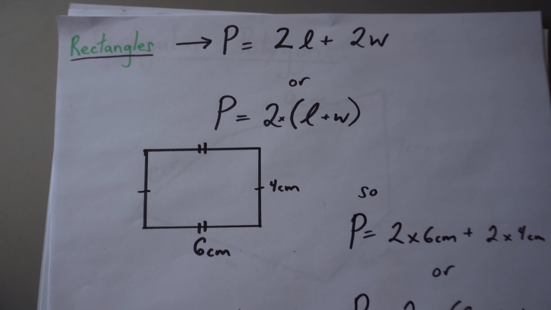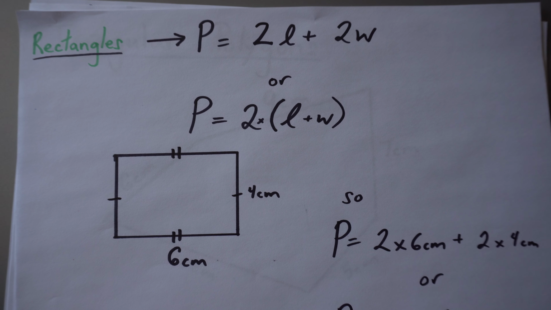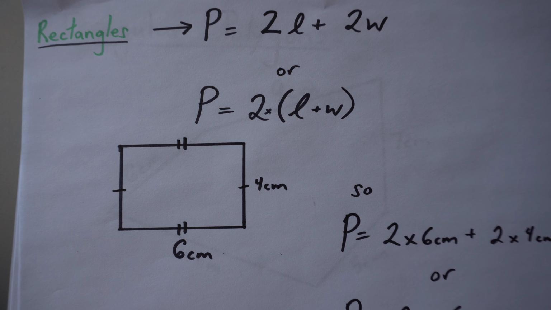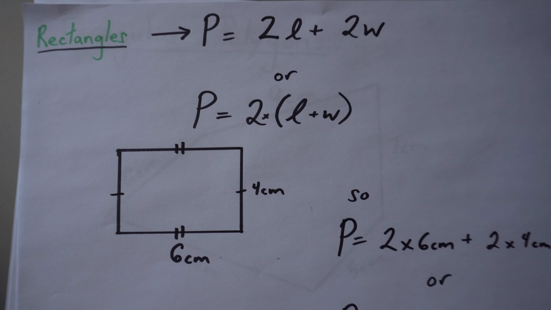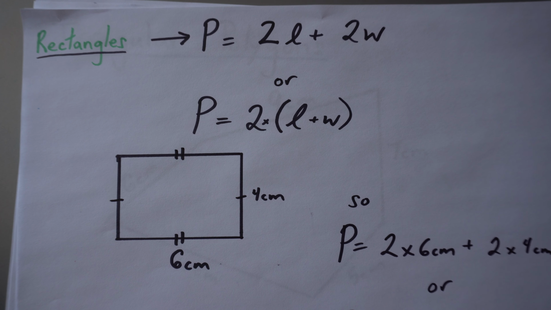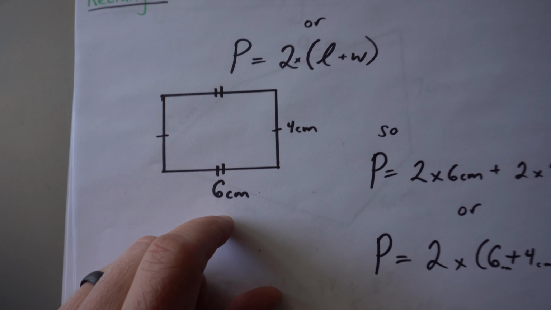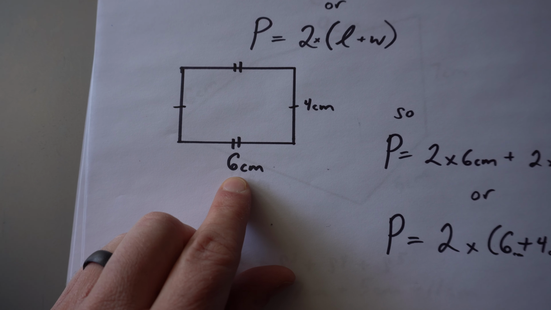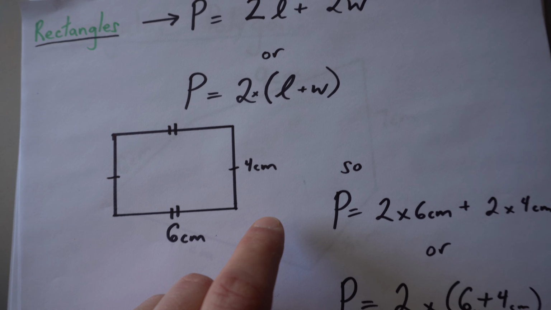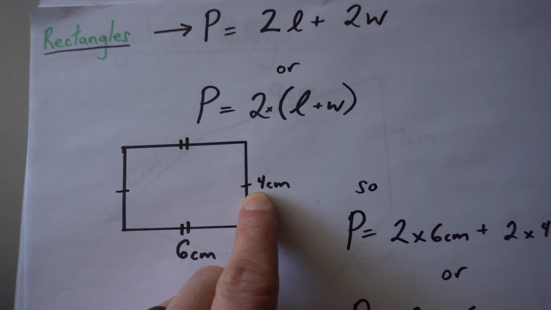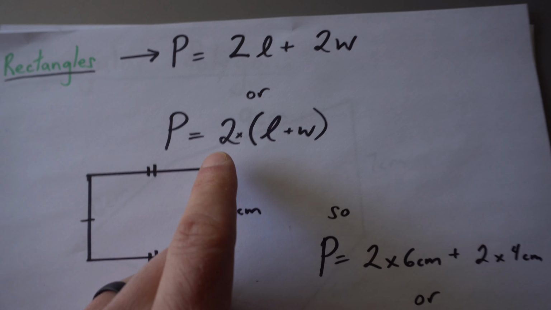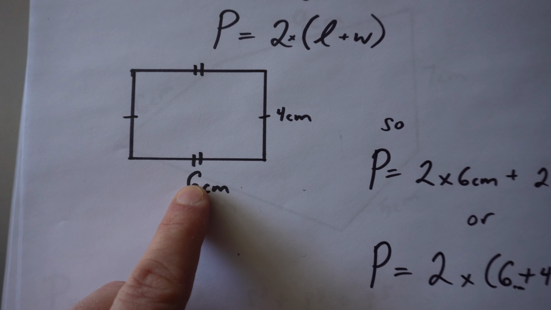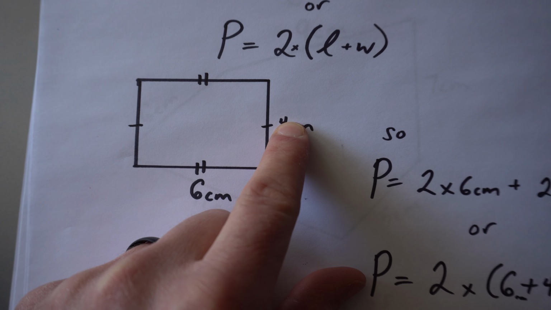When we talk about rectangles, our formula, we can say it two ways. We could say perimeter equals 2L plus 2W, meaning that's 2 times the length plus 2 times the width. Or we could say 2 times the length plus the width.